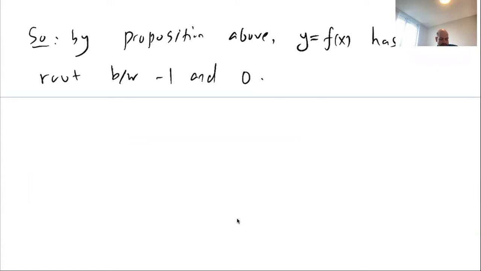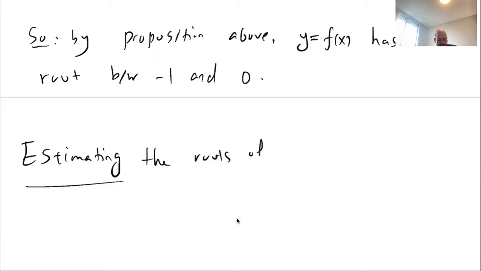Okay. So now this is about existence of roots. We can also estimate the roots. So estimating the roots of a continuous function.